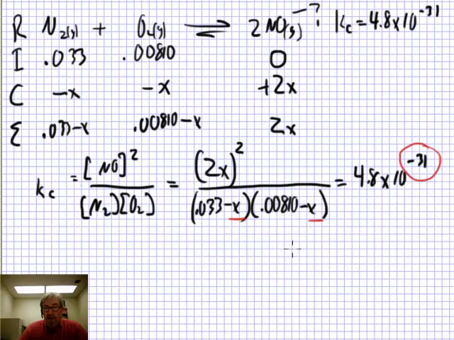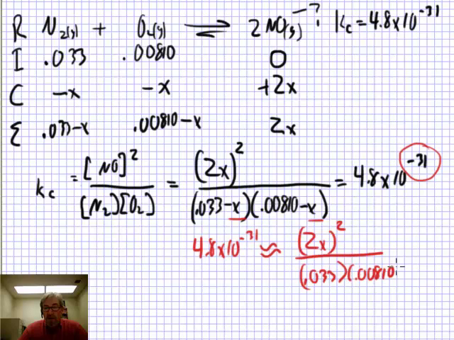So we can rewrite this, and we can say that the 4.8 times 10 to the negative 31st is probably pretty close to the quantity 2x squared over 0.033 times 0.00810, because we're going to assume that X is so small compared with 0.033 and 0.00810 that when you think about significant figures, you wouldn't even end up having to subtract it at all.